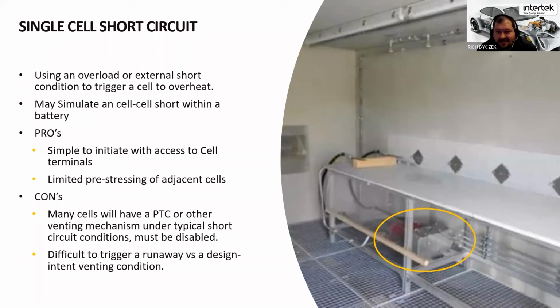That's great from a design standpoint, just difficult from a test implementation standpoint. It makes it difficult to be repeatable if the cell has those types of short circuit protections built in, like a PTC or other venting mechanism that allows the cell to vent before it ever gets into a thermal runaway mode.